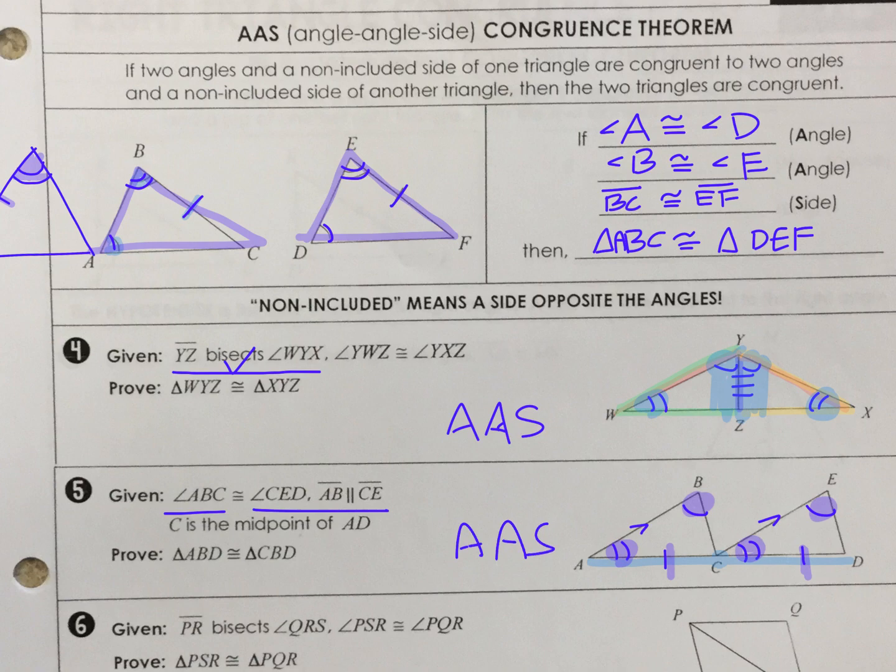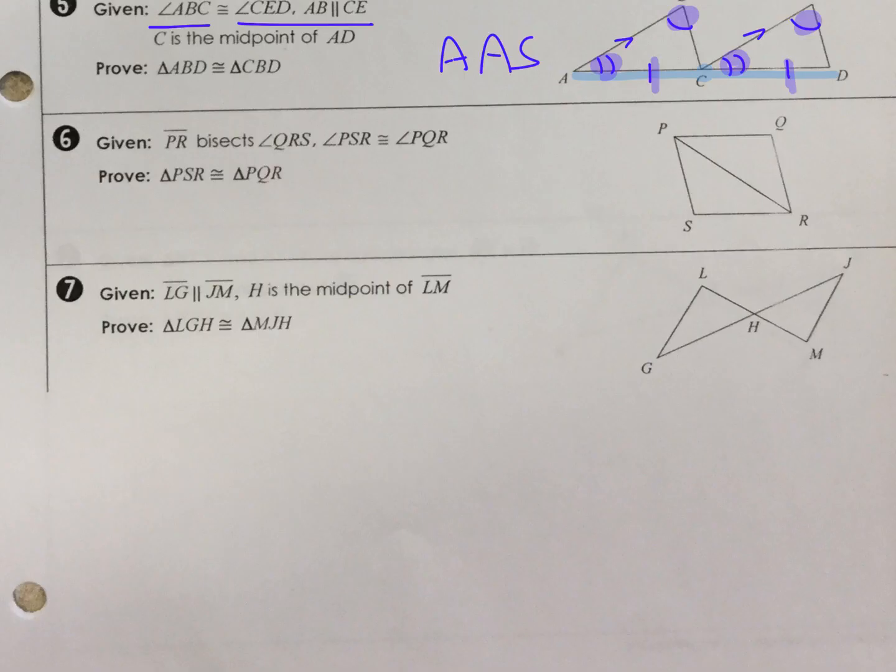All right, let's look at number 6. Let's go ahead and mark what we're legally allowed to mark. I'm going to mark up 6 is the thing they share. 7 is the vertical angle. All right, PR bisects QRS. QRS is being bisected by PR. That means it's cutting it right down the middle.